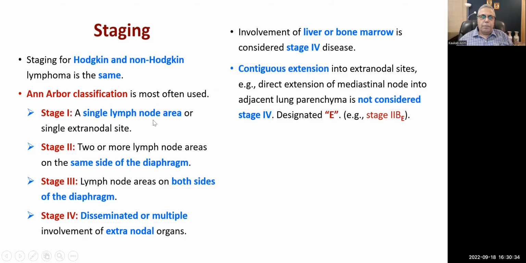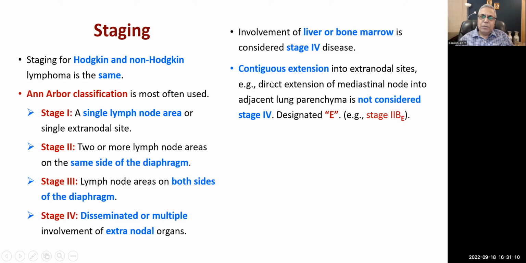Now, in the staging, we also look at the extension, which is known as contiguous extension. If the tumor is in the lymph nodes and it goes into the tissue right next to the lymph node, we call it an extension into the other tissues, okay? And also remember that spleen is considered a part of this lymph nodes, or if the tumor is there in the spleen, it is also the same as a tumor in the lymph node.